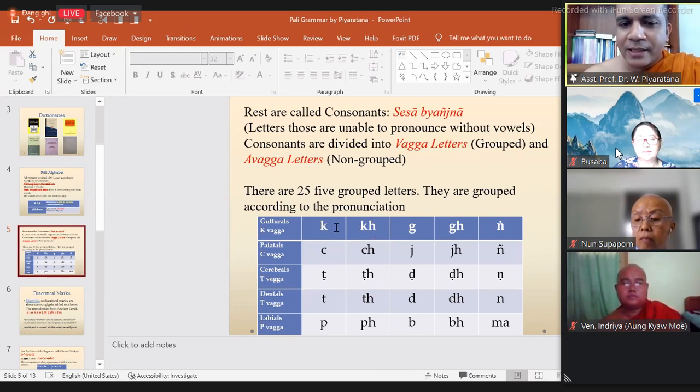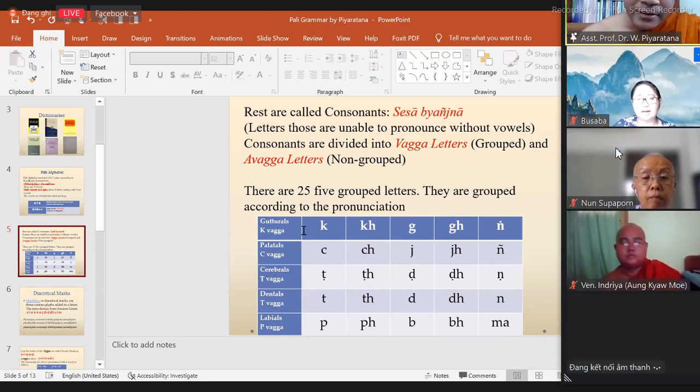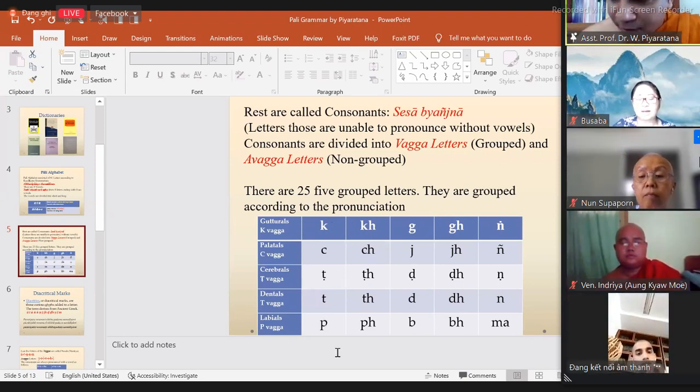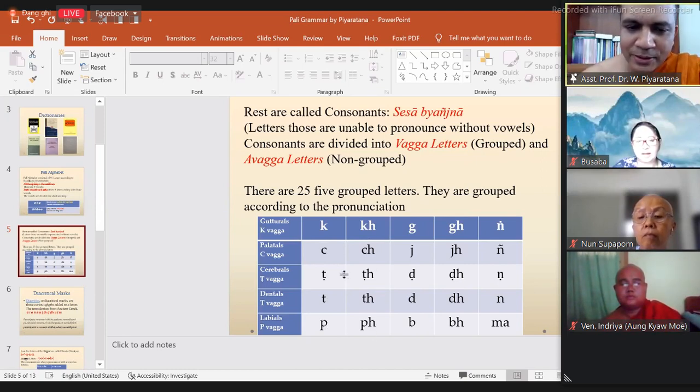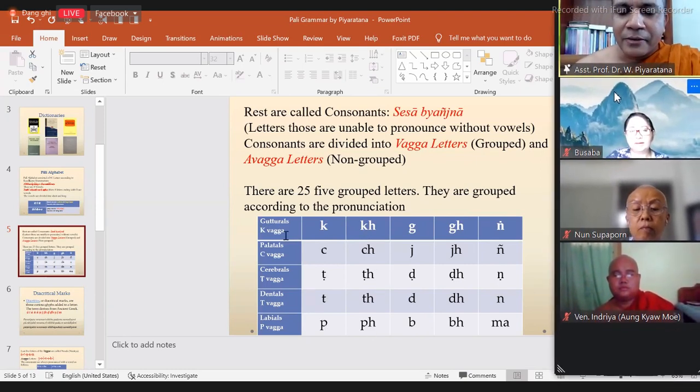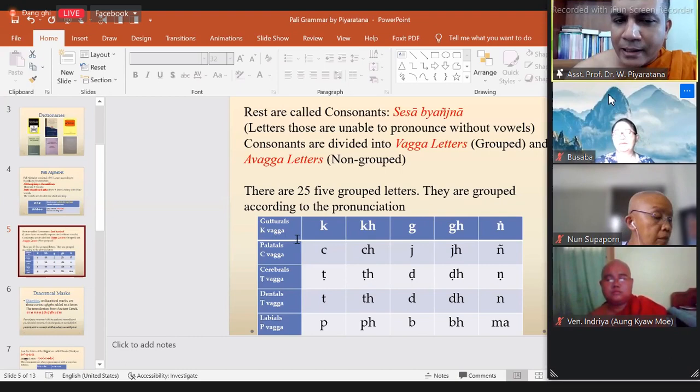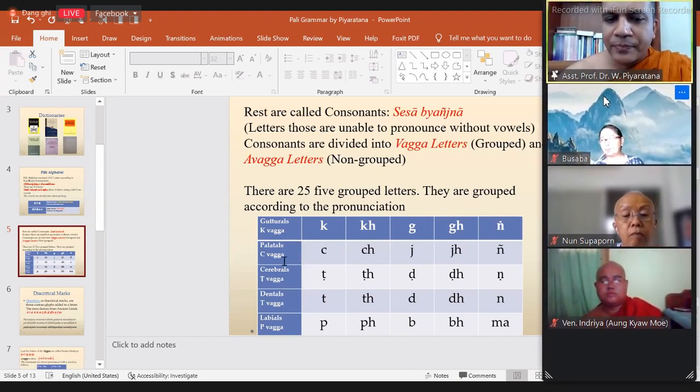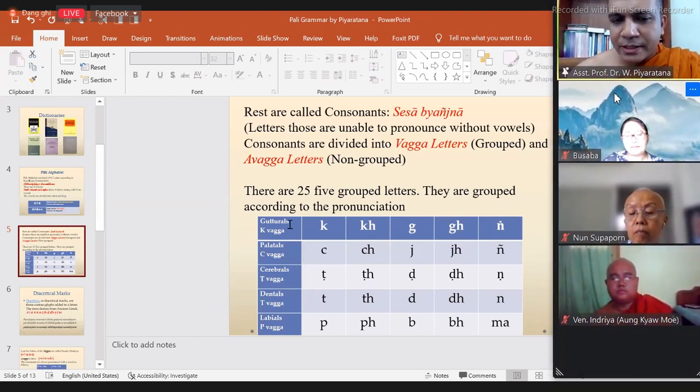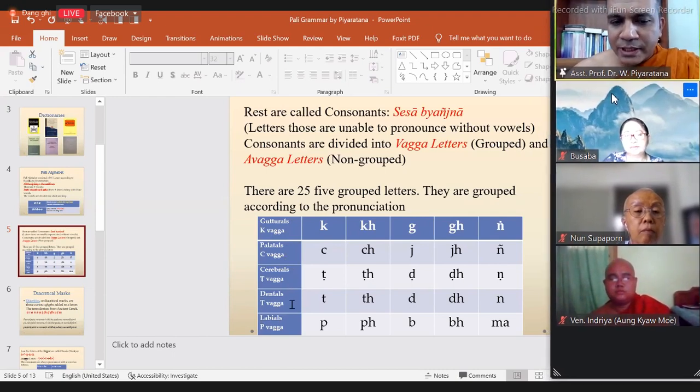No, I just call them the group letters, the first 5 letters, the second 5 letters. If the letters are named by their place of origin, we call them kanthaja, talujja, muddhaja, dantaja, otthaja.